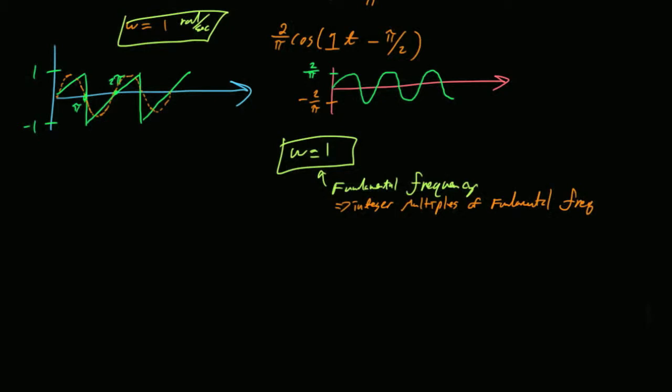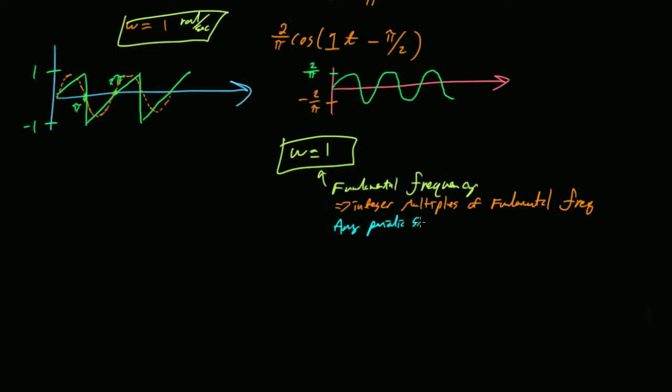Those are harmonics. There's a rule that says that whenever you have a periodic signal, it only contains energy at integer multiples of the fundamental frequency. They're called harmonics. Any periodic signal is built out of harmonics of the base frequency.